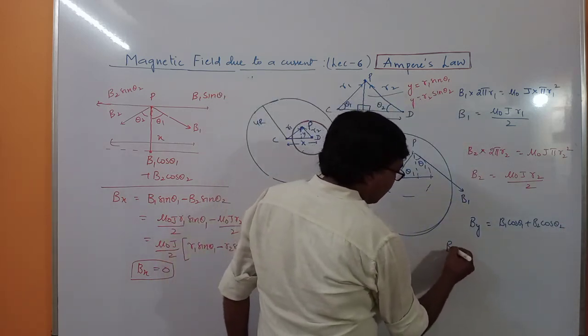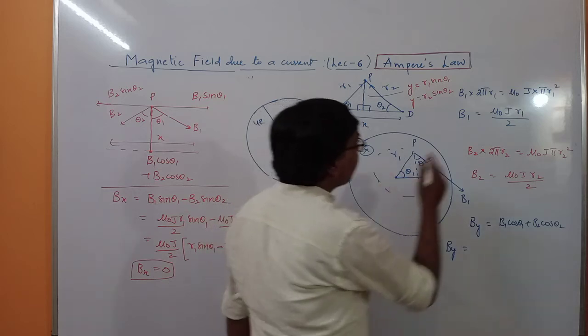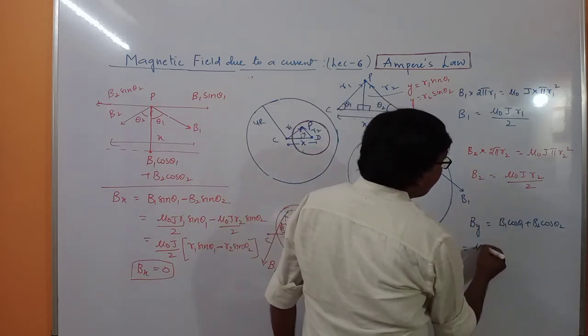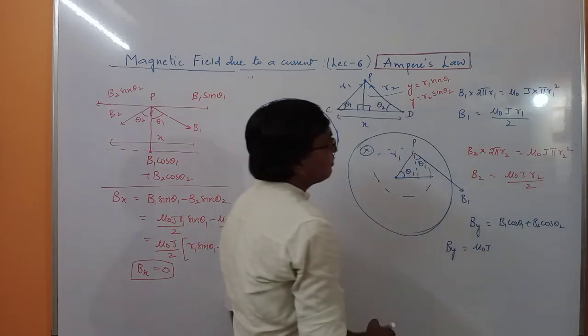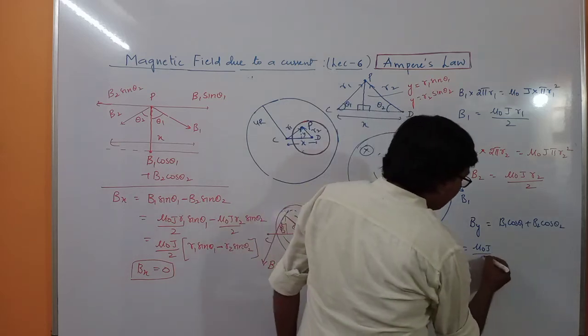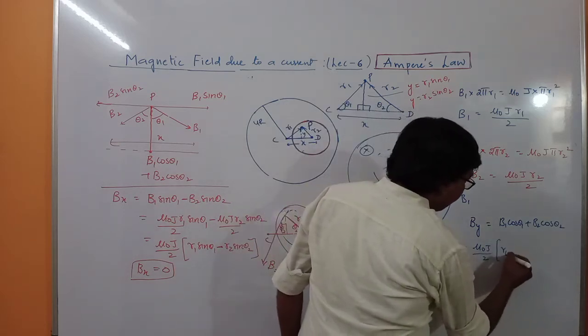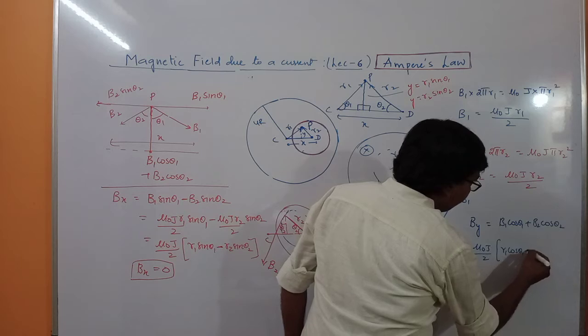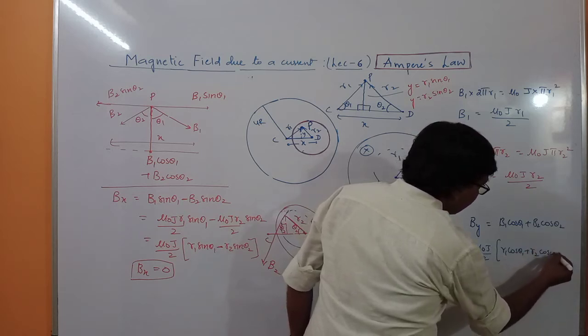Again mu naught J by 2 is common, then we have R1 cos theta 1 plus R2 cos theta 2.